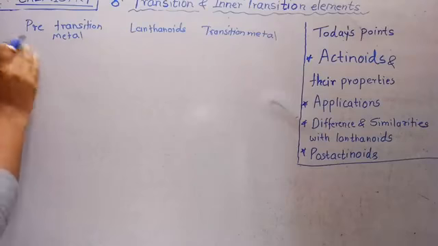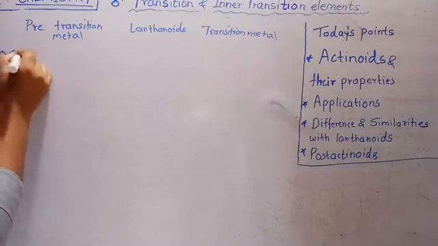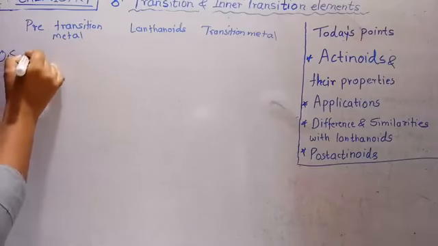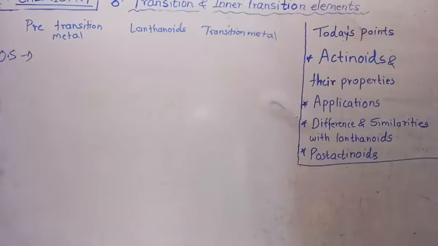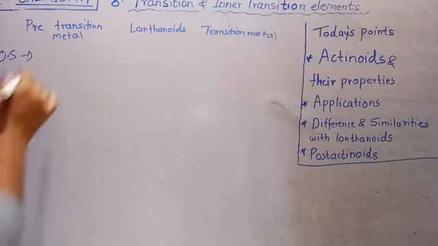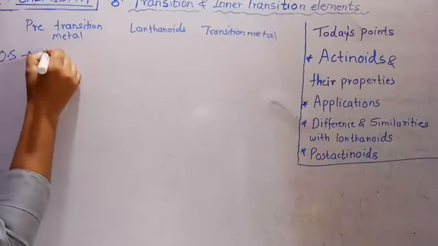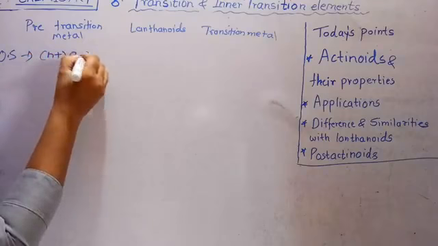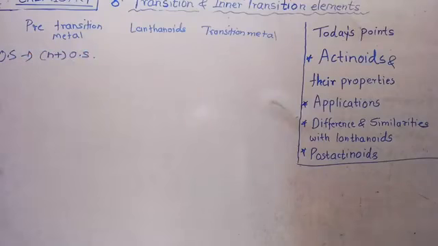Then see, the first point is oxidation states. First, group number 1 and group number 2 show the group number oxidation state. Generally, the elements of group number 1 are monovalent, but group number 2 shows 1+ and 2+.